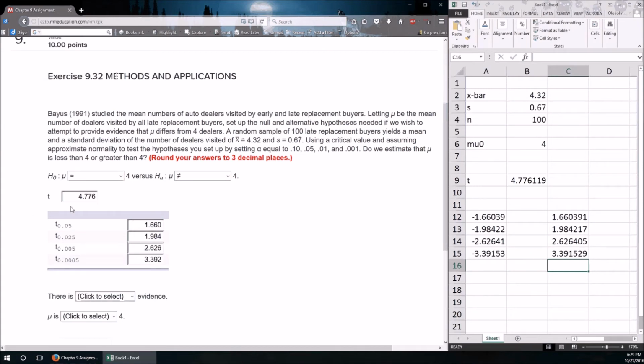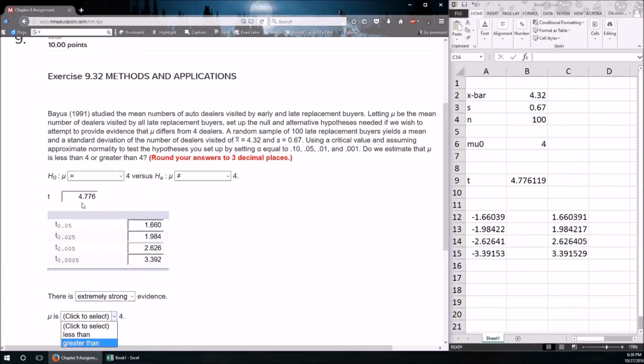So our observed statistic is 4.776. It is more extreme than all of these critical values. Therefore, it's in the rejection region for all of the critical values, which means that there is extremely strong evidence that mu is actually greater than 4. Why greater than? Because our test statistic is positive.